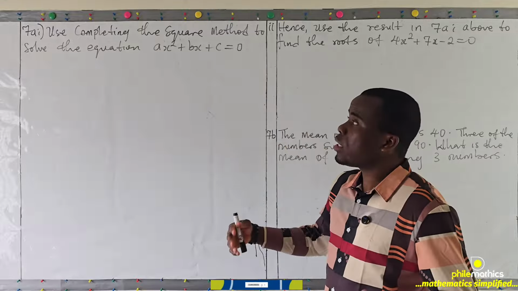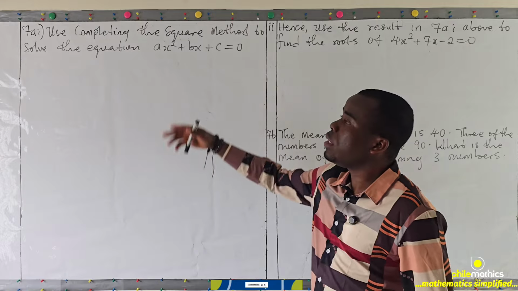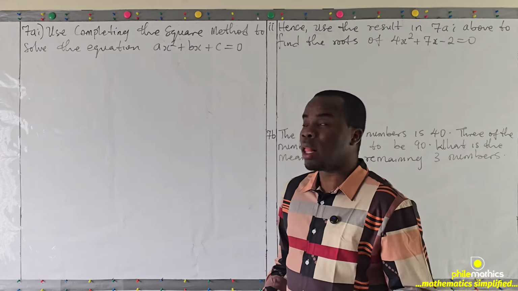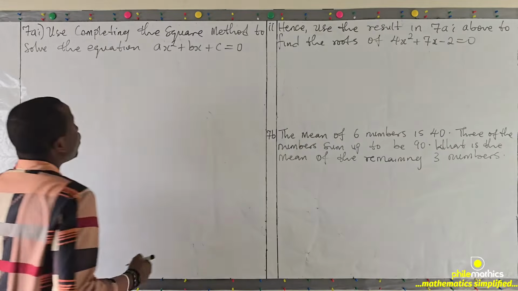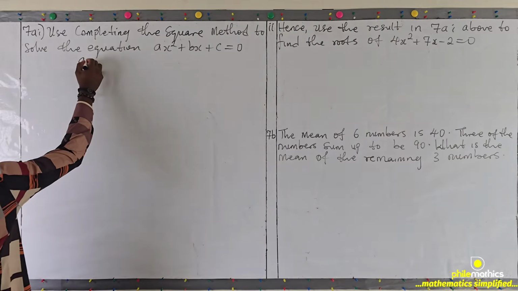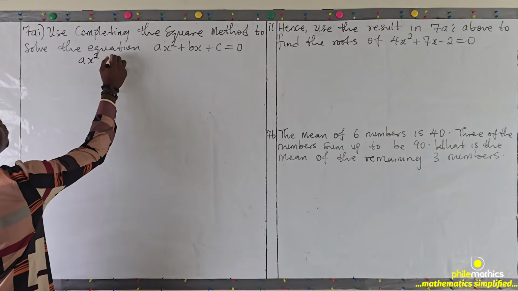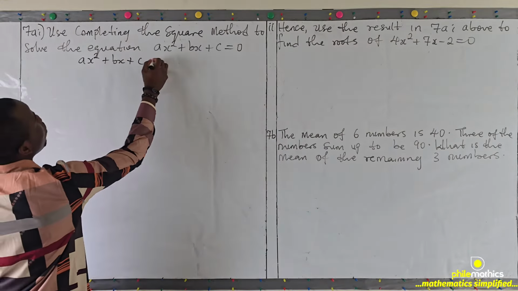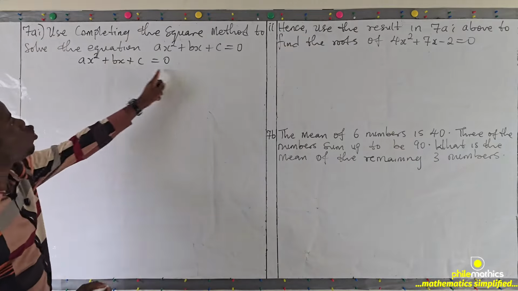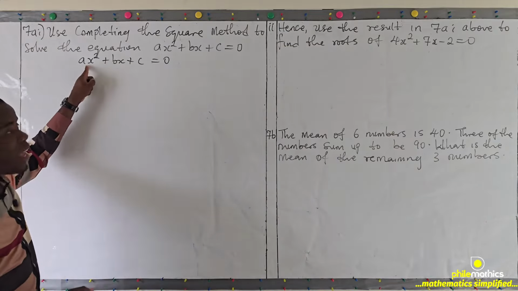So it's just trying to say, use the method of completing the square to derive the quadratic formula. Let's see how it goes. If we have the quadratic equation ax squared plus bx plus c equals 0, the first thing you want to do is to divide through by the coefficient of x squared.